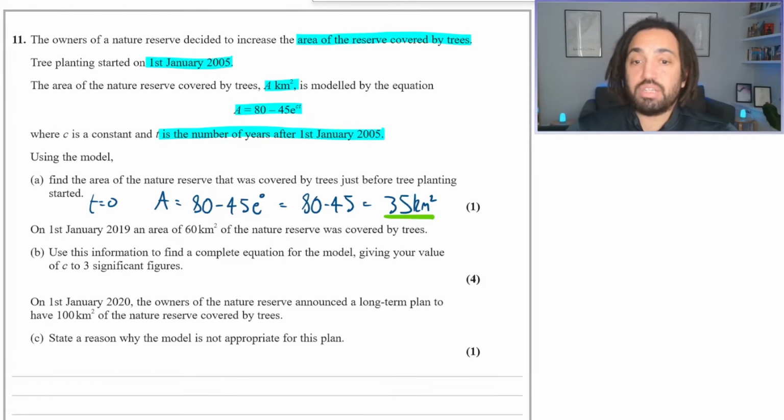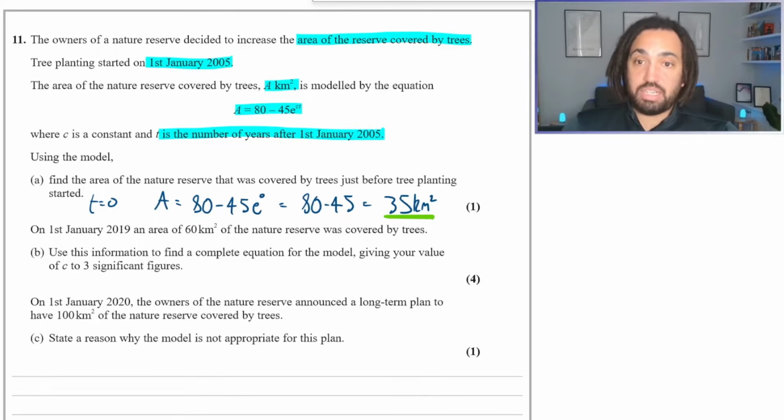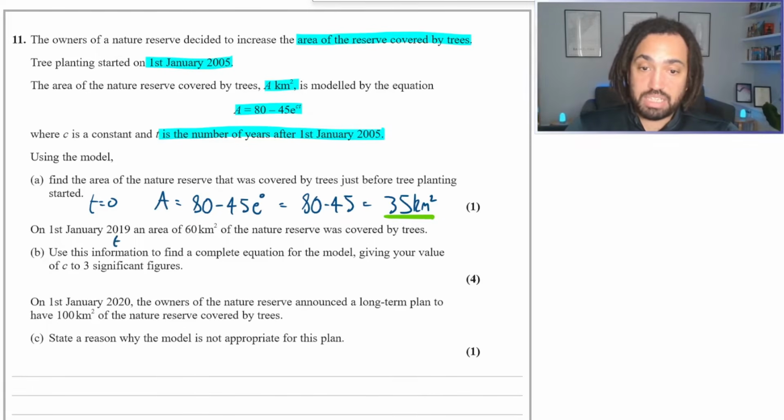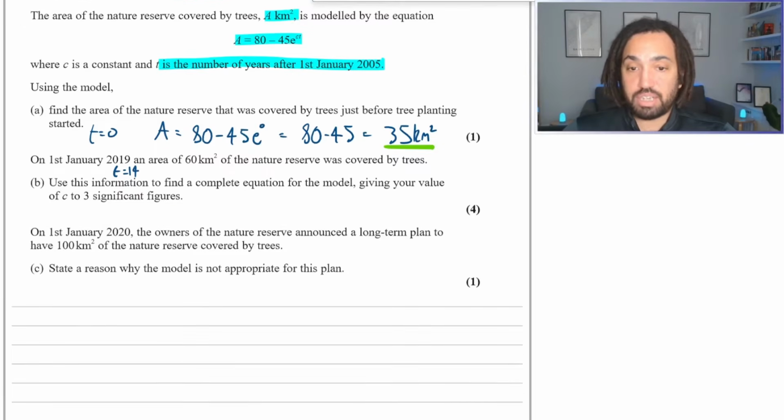Okay, great. It then says on January 2019, so that would be when t is equal to 14, because 14 years separate 05 and 19. The area is this. Use this information to find a complete equation for the model giving your value of c. Okay, so we just need to equate the information.